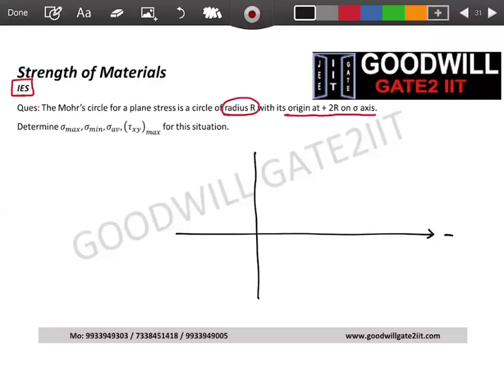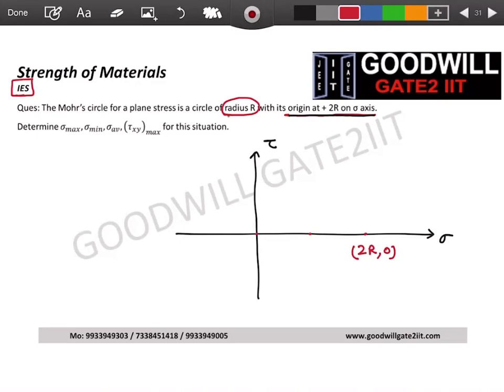You know, in a Mohr circle, this is the sigma axis, this is the tau axis, correct? The origin of this Mohr circle is at plus 2r. So let's say this is r, this is 2r. So origin means the center of the Mohr circle is here.